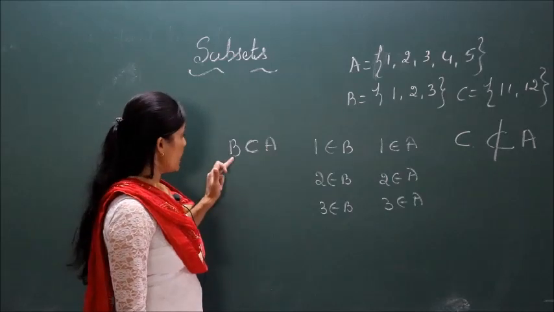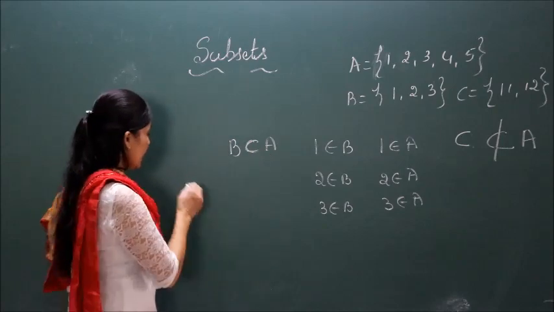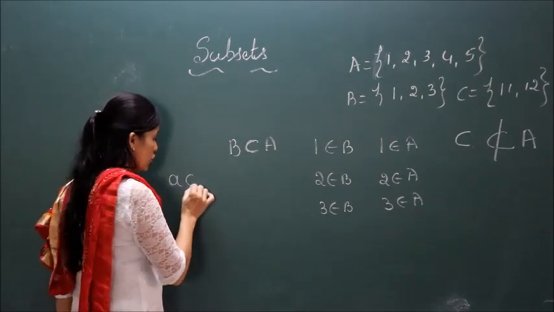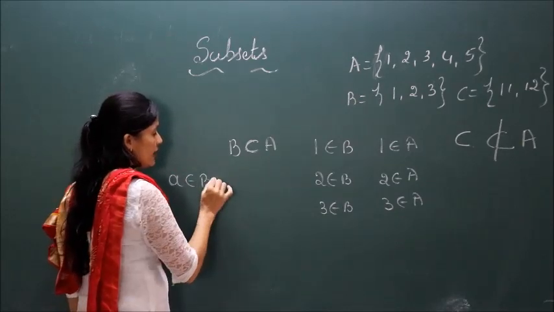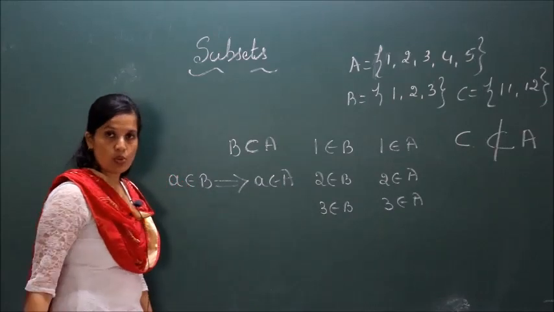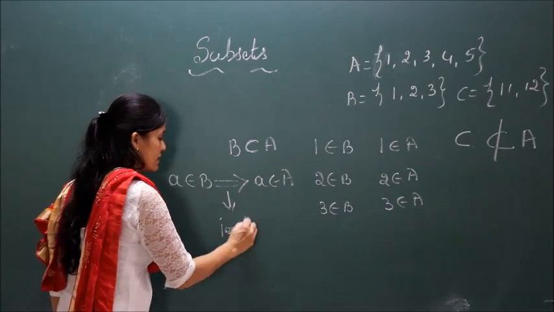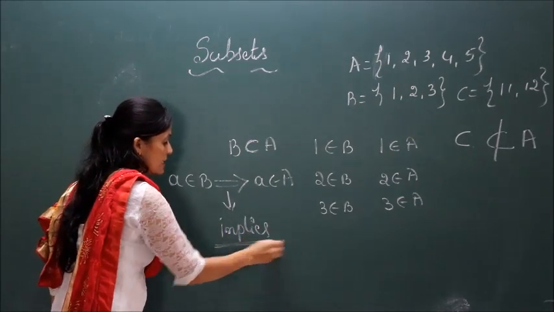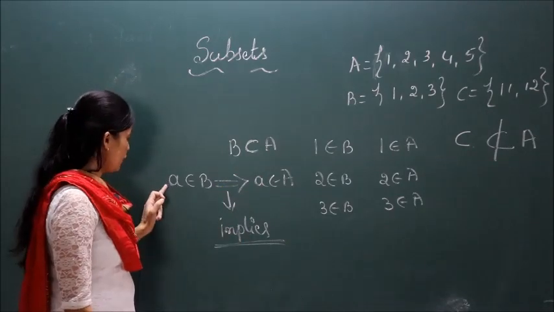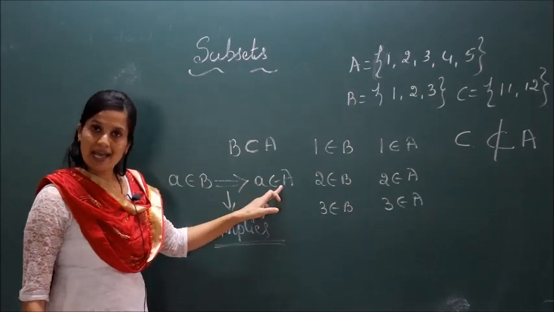So if B is a subset of A, then generalizing it, any element a that belongs to B implies a belongs to the set A also. We read this symbol as implies. That means, if a belongs to B, then a belongs to A as well.